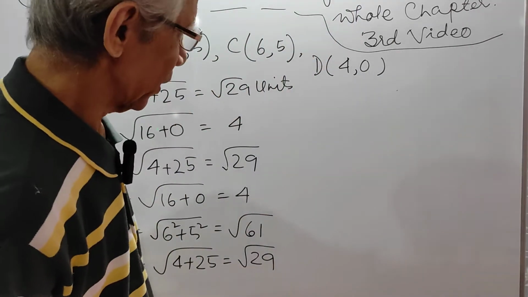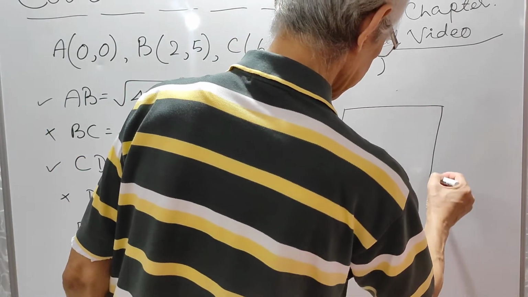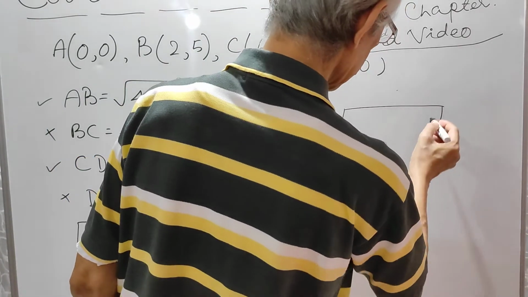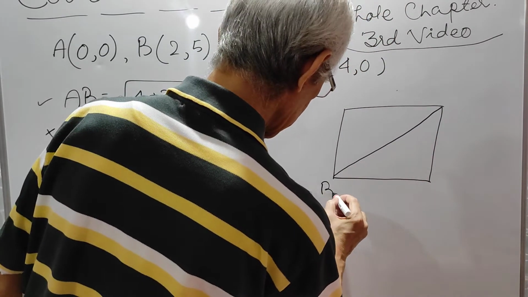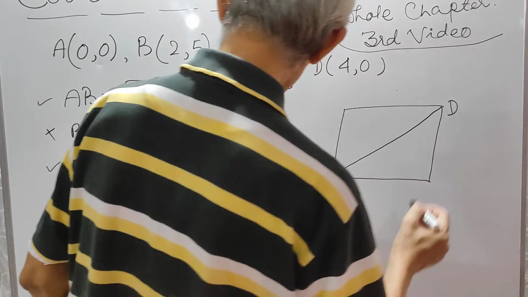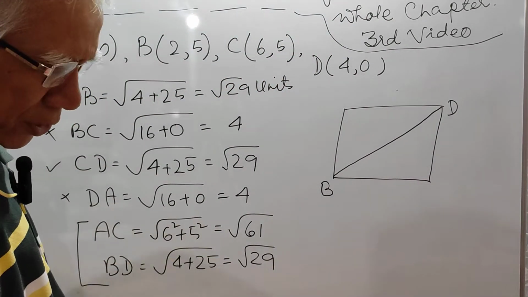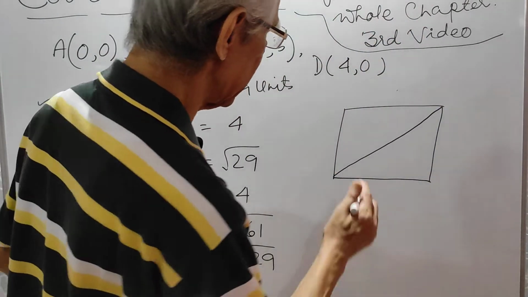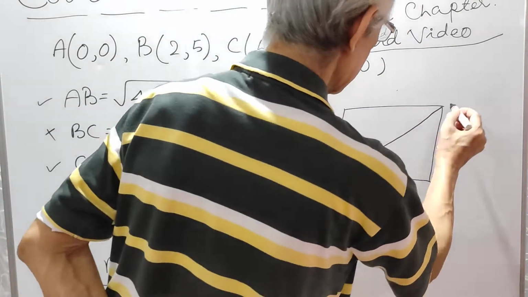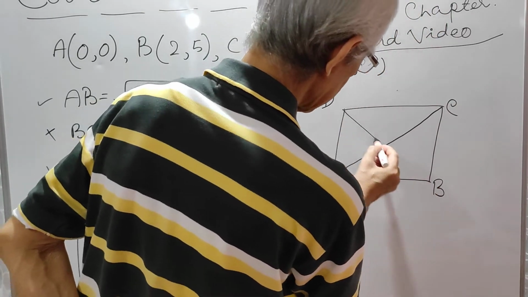Okay, let me show this one. So this is root 61, AC. So this is A, this is C, this is B, this is D. All right.